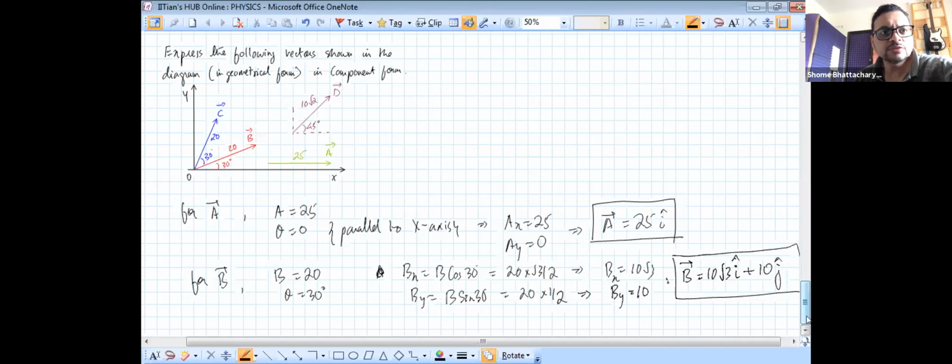No, Vyom, I've given the answer for the first one. It is not what you have said. The first one, EX is 25 and EY is 0. Yeah, Dhaneshwar, your answer for C is correct. Adina, check your answer for D. Yeah, for B it is correct.